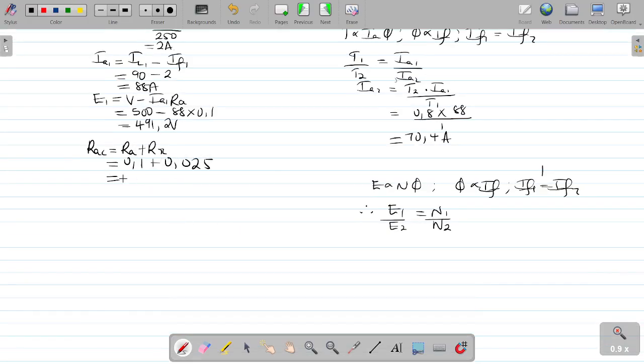We have 0,1 plus 0,025. We'll get 0,125 ohms.